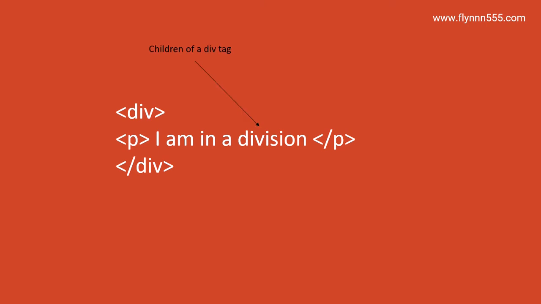We then put the child of the division tag, the division being the parent and whatever sits inside it being the child of that parent. It's a hierarchical structure which shows you that the paragraph tag is one level lower than the div tag and belongs to the div tag.